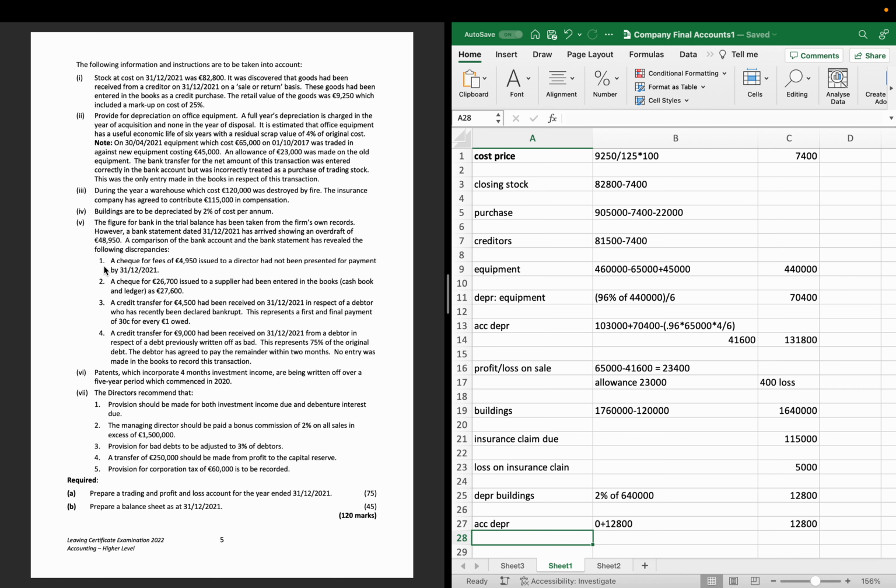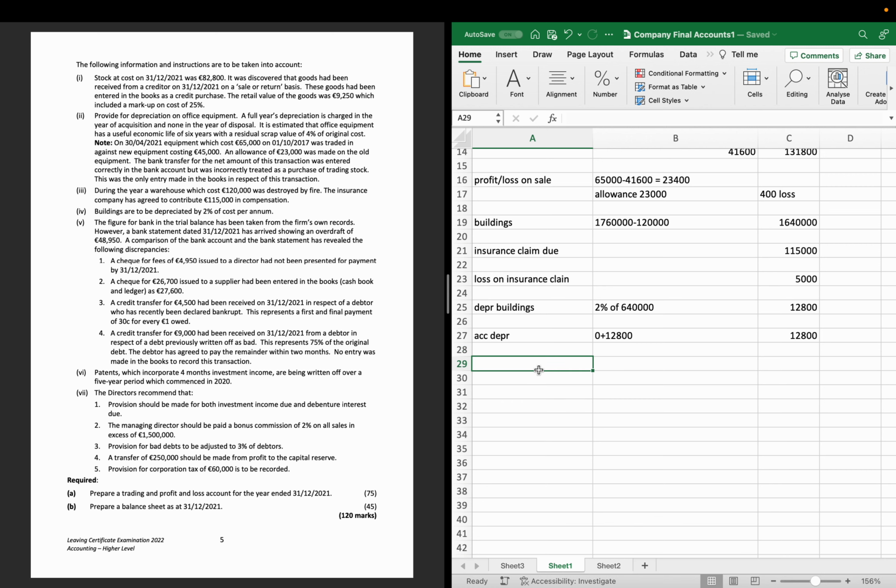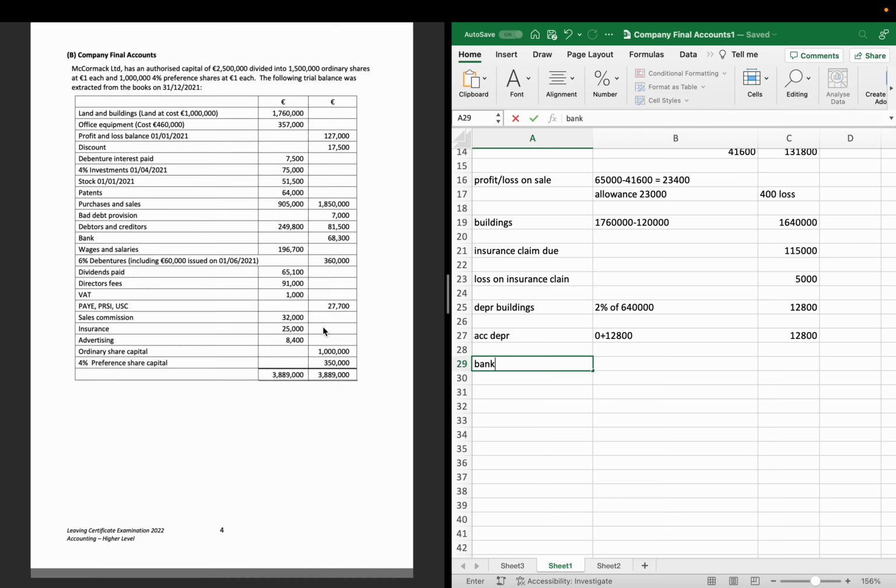All right. The bank working then. So it's a bank reconciliation. It says the figure for bank in the trial balance was taken from the firm's own record.